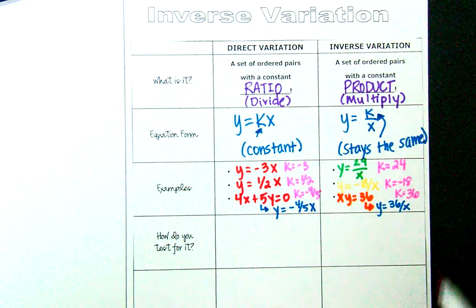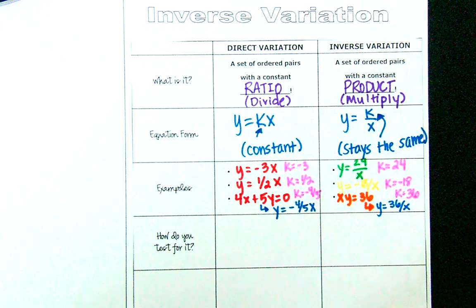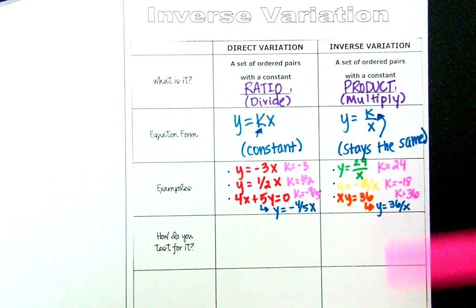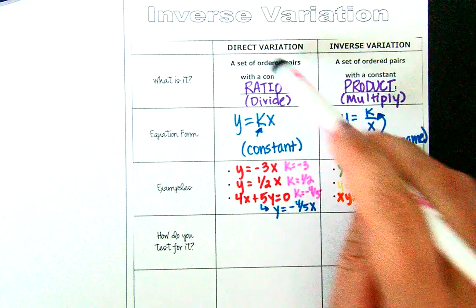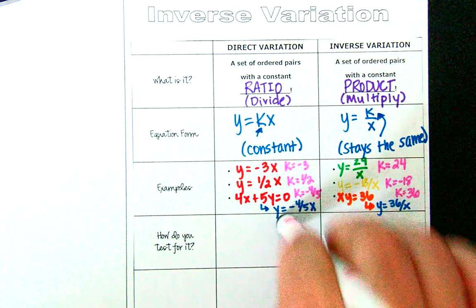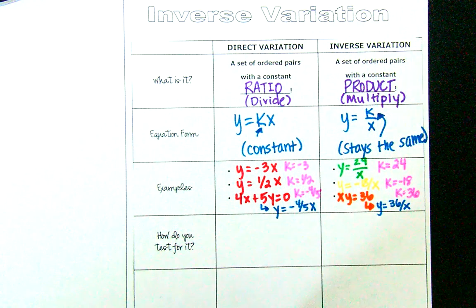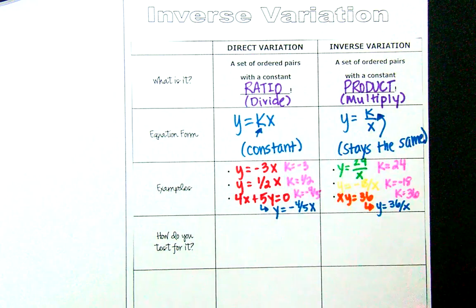Correct, 36, because it's the number on top. So for inverse, we're dividing by x, and for direct variation, we're multiplying constant by x.